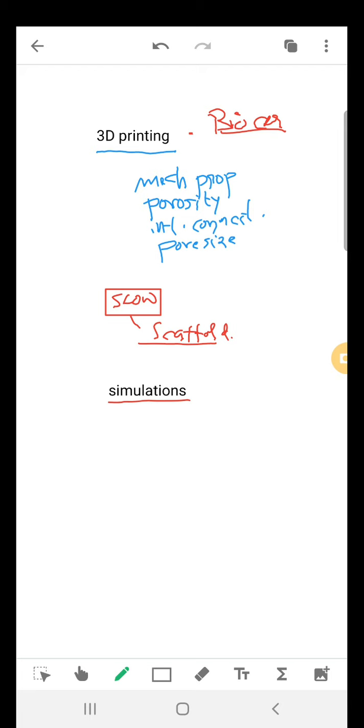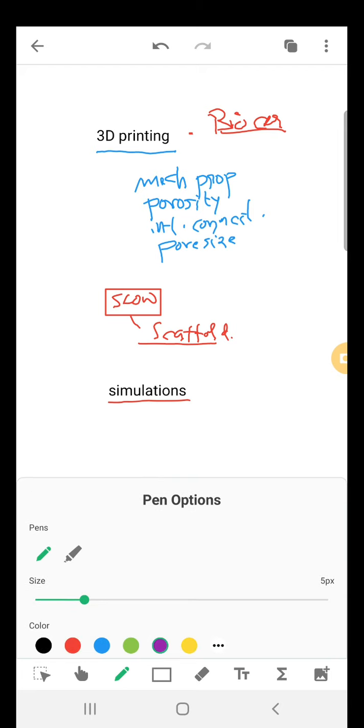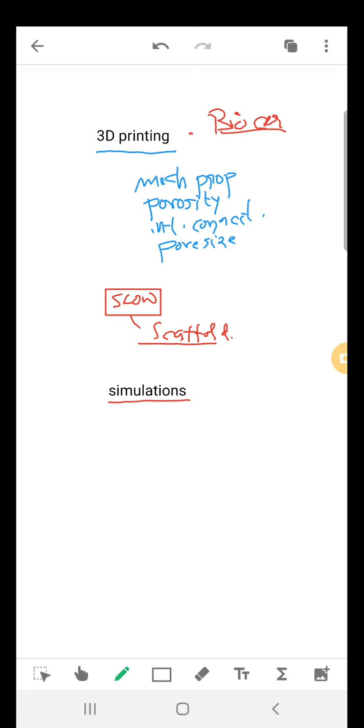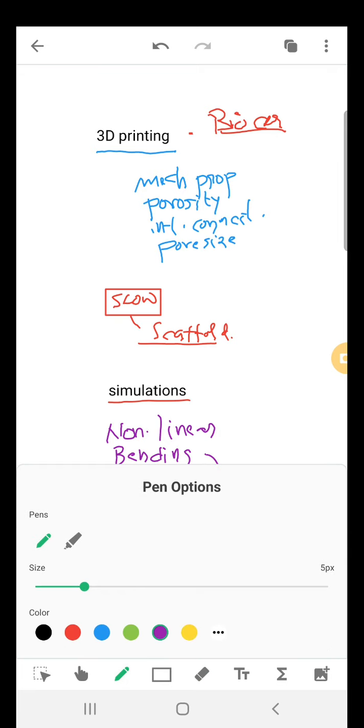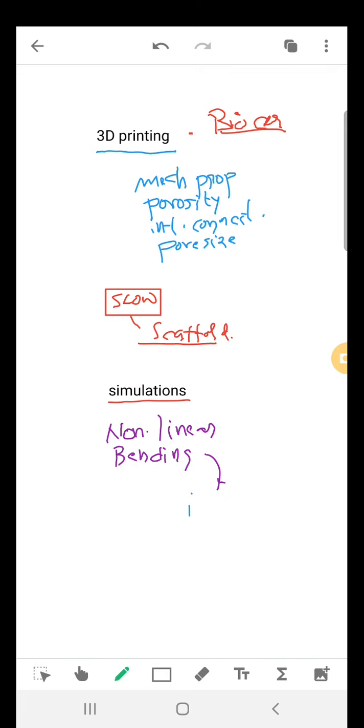Now, first start with the idea of something called non-linear bending, and it will lead to the instability analysis of the system.